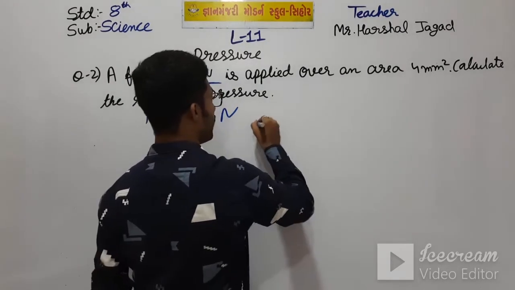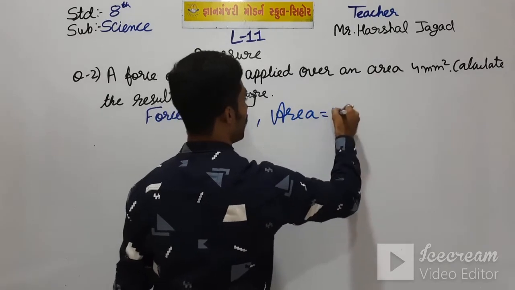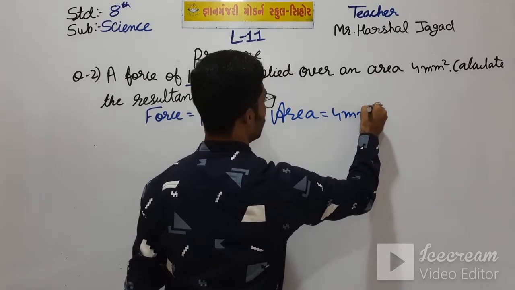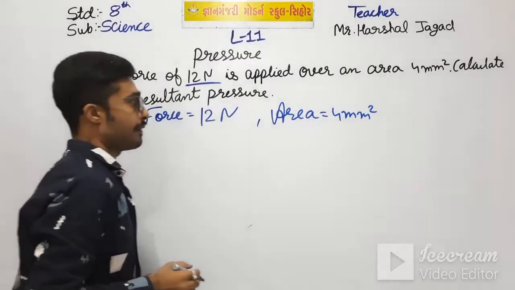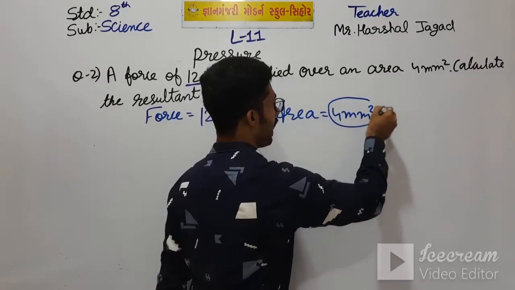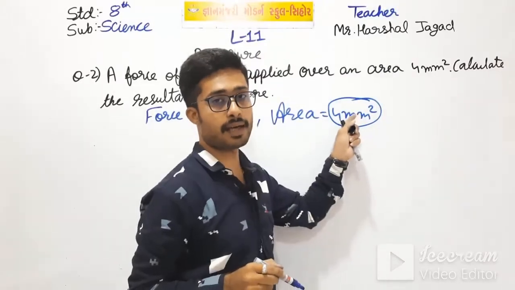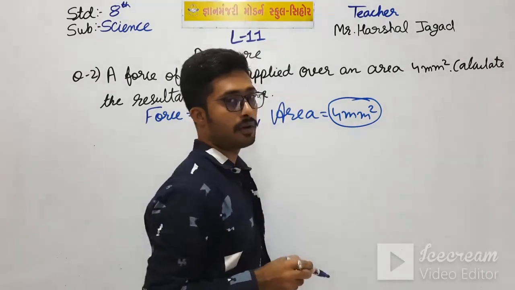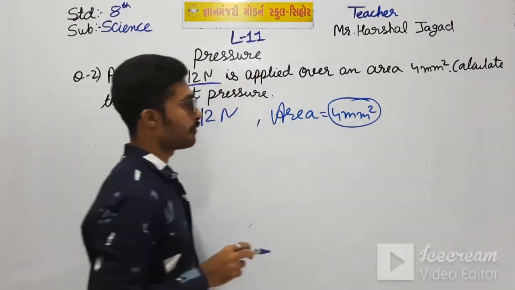What is the area? That is 4 mm square. So what is to be done? We have to first convert the area from mm square to meter square. Okay, first of all, do it by yourself. If you have done this, wait for a few minutes.